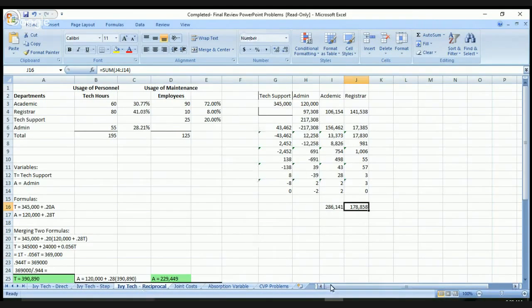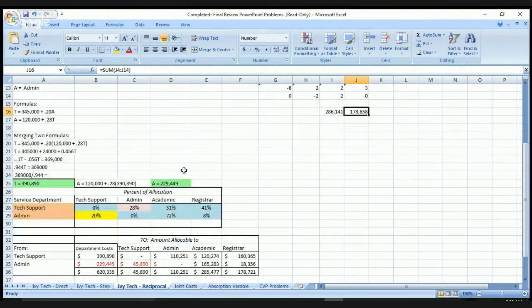All right. So in the reciprocal, remember, this is a back and forth, back and forth. So what we have here, now the previous instructor had put together these formulas that you can do.